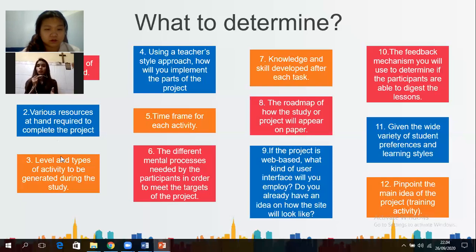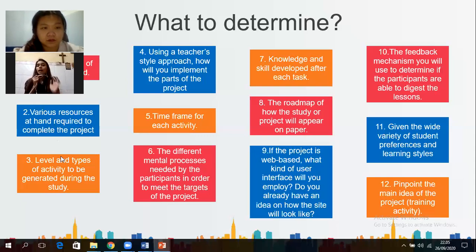The fourth one is using a teacher style approach, like how will you implement the parts of the project. The fifth one is the time frame for each activity. For example, when you ask your students to do some exercises, maybe you give them 5 minutes of doing the exercise or something like that.